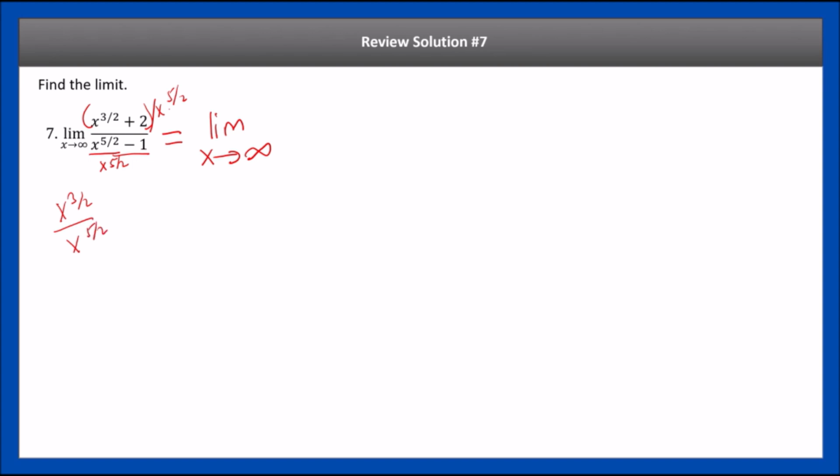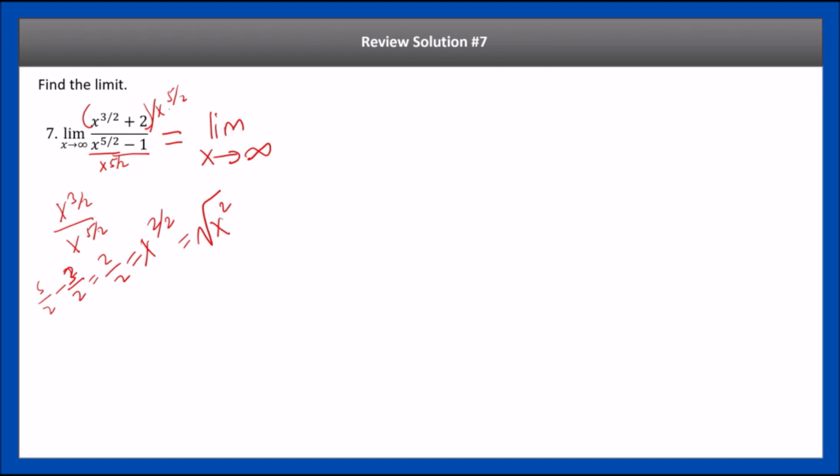Remember, when I do x to the 3 halves over x to the 5 halves, I just subtract those exponents. So 5 over 2 minus 3 over 2 is 2 over 2, right? Which is just 1. So what this is saying is that I get x to the 2 over 2. So this is the same thing as the square root of x squared.